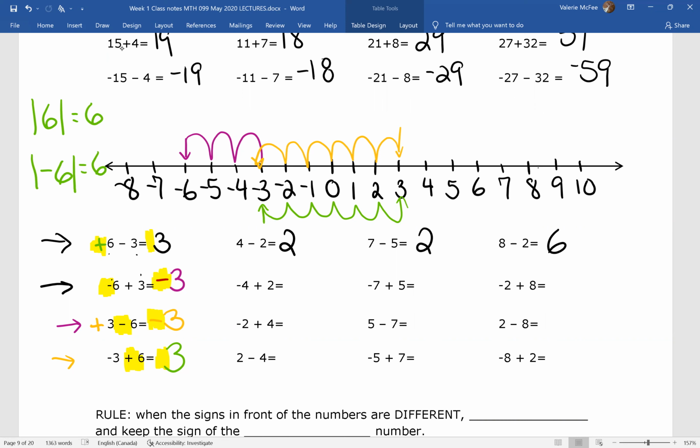So what I see happening here is that the number with the greatest absolute value is the number whose sign we use. The absolute value of 6 is greater than the absolute value of -3. So my answer is positive. The absolute value of -6 is greater than the absolute value of +3. So my answer is negative.